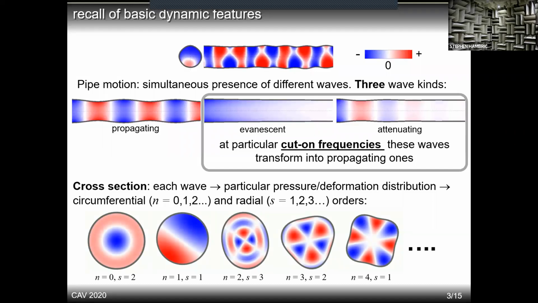We have here some examples of n-s combinations which show the pressure distribution and the wall deformation of some of these waves.